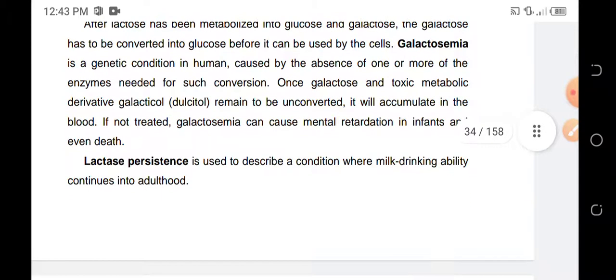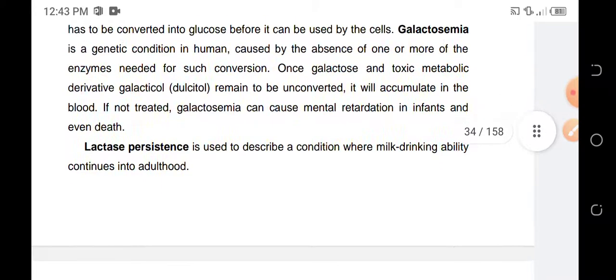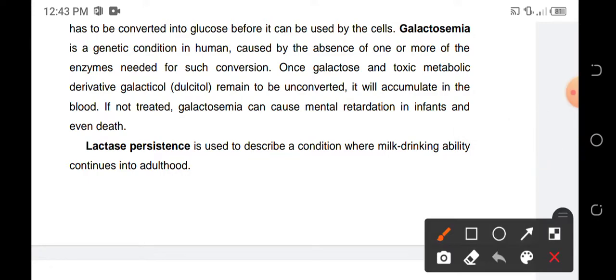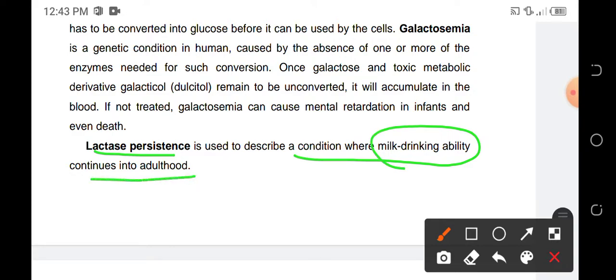Okay, another condition is lactase persistence. Yung lactase persistence daw is a condition wherein the drinking ability of humans continues into adulthood. Okay, so lactase persistence, ibig sabihin yung lactase mo sa katawan ay hindi nagdi-diminish because naturally, as you grow old, the lactase should decline. The amount of lactase in your body should decline as you grow old.